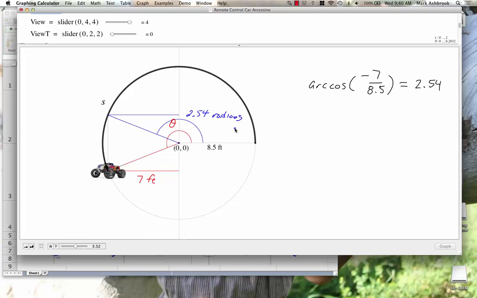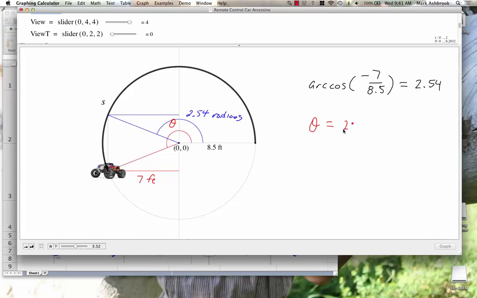Okay, so from 2.54, how are we going to get our angle theta? You want to take 2 pi minus that. So are you imagining that this is also 2.54 here? Yes. And so 2 pi minus that would give us our angle.